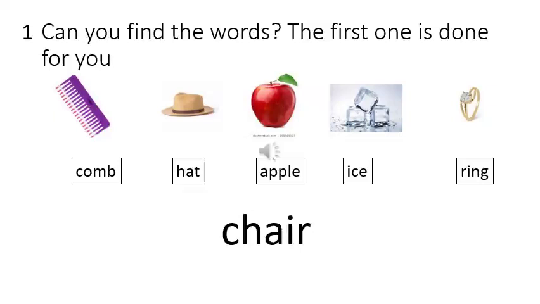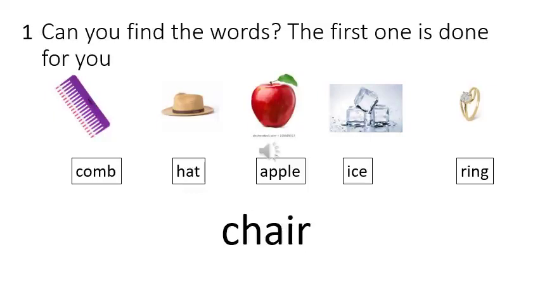Let us start with the next exercise. Can you find the words? The first one is done for you. Now, in this exercise, some pictures are given. You have to name the pictures and with the help of the first letter of the picture, you have to create a new word.